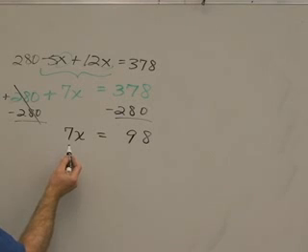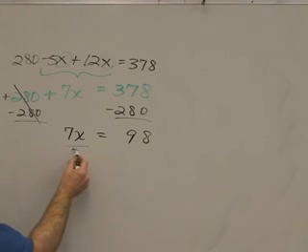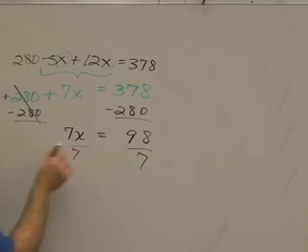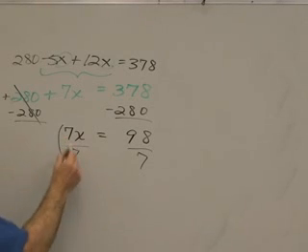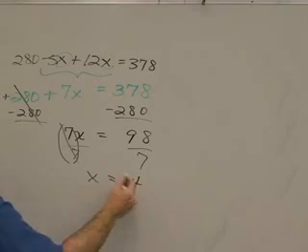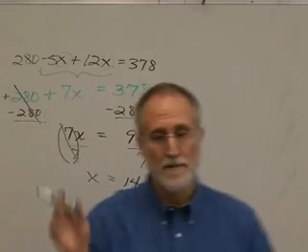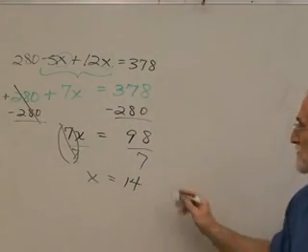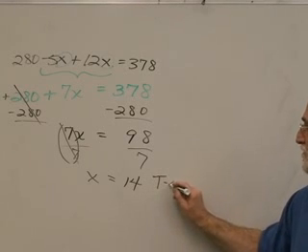What do we do with that 7? Yeah, divide both sides by 7, because we don't want to know what 7X is, we want to know what 1X is. So X is 14. 14 what? What did we let X equal? It was the more expensive items. It was the t-shirt, wasn't it?